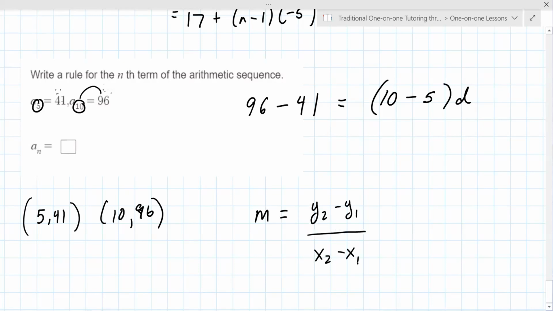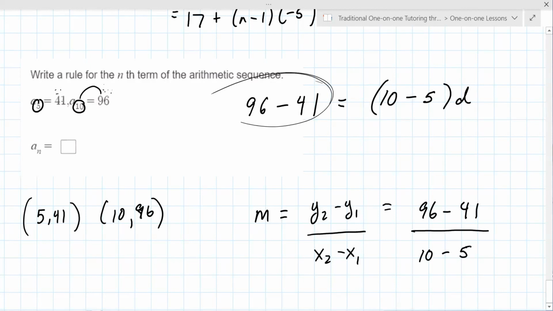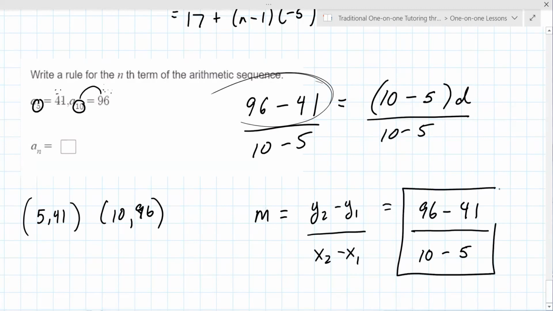Yes, you've seen that before. Notice it's 96 minus 41, which is over here, over 10 minus 5, which is here. If I divide, I get the same thing. So m is really d. So this is your d.